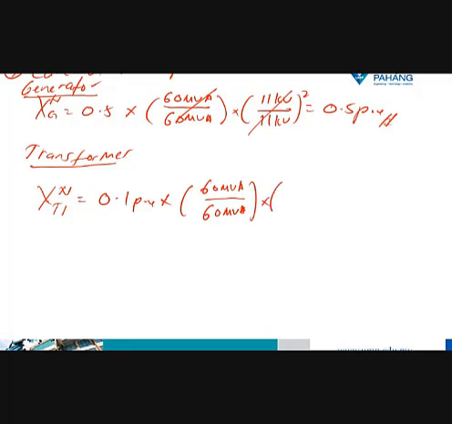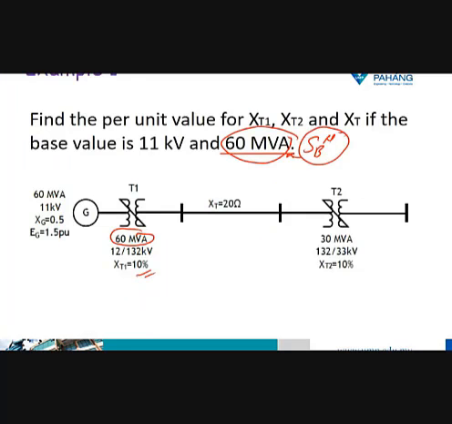And then we have to multiply by V base old. For the transformer, this is special because we have two voltage levels: on the primary side we have 12 kV, and on the secondary side we have 132 kV. So which one do we use? Actually, you can use both.